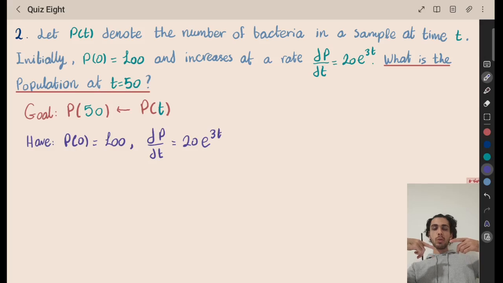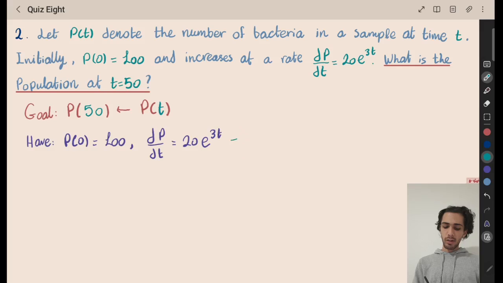So if I want to do the opposite, I would integrate. I hope that's clear. If it's not, you can always text me or email me if you have questions. So we need to integrate this thing.